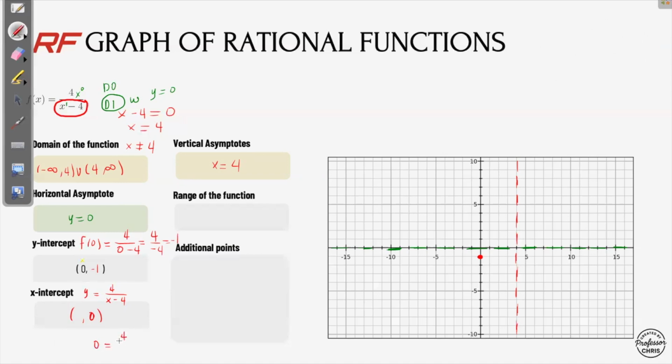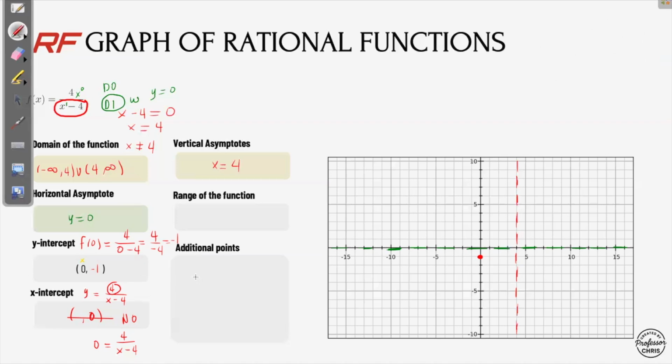So 0 is equal to 4 divided by x minus 4. Well, that is a dead end. If you try to solve for x, it won't get you anywhere. So whenever there is no explicit x in the numerator, there is no x-intercept. This graph will never cross the x-axis. So we're going to move on into finding some additional points.